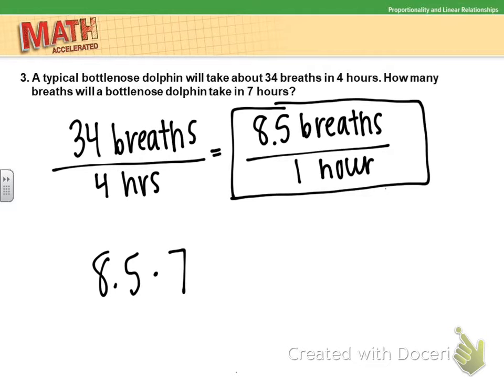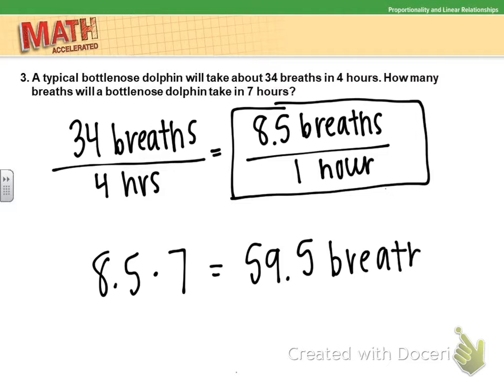So 8.5 times 7, we're going to get what? 59.5 breaths, right? So I can answer this question and say the dolphin will take 59.5 breaths in 7 hours. Good work. Lot less breaths than we take.